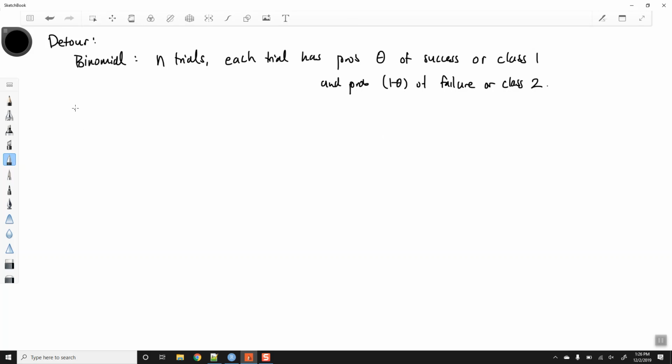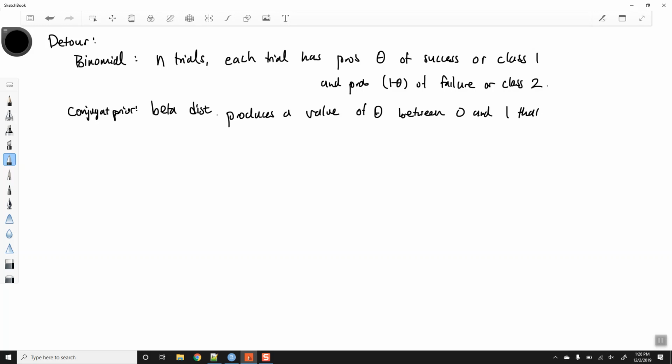And then the conjugate prior is the beta distribution. The beta distribution produces a value of theta between 0 and 1 that we can use as the probability value theta in the binomial distribution.